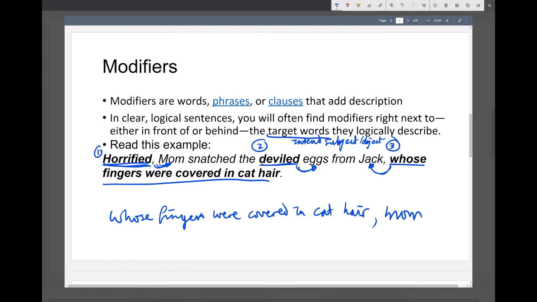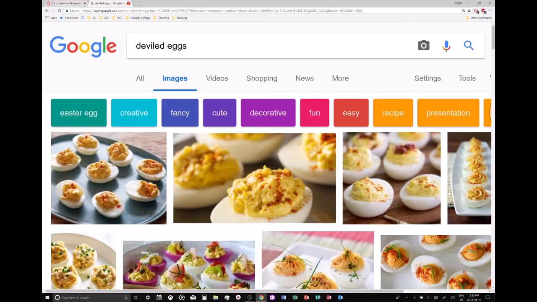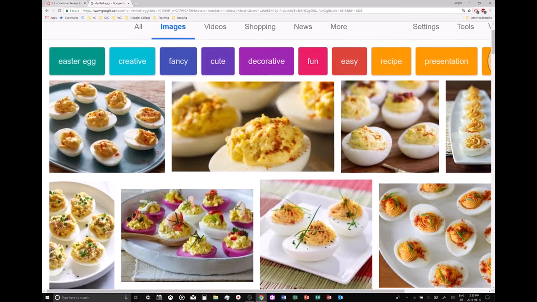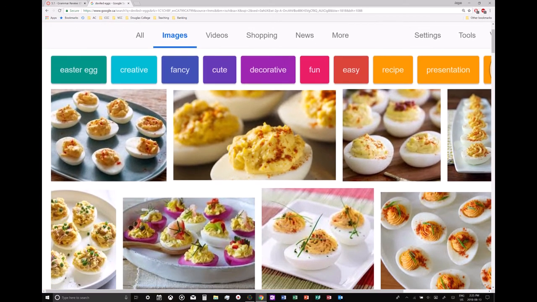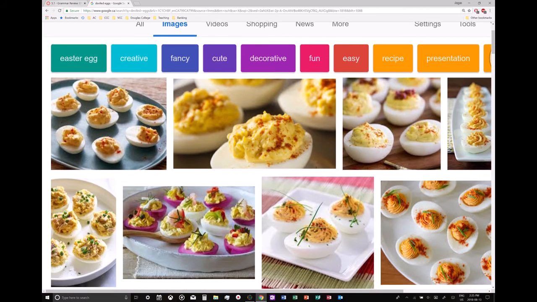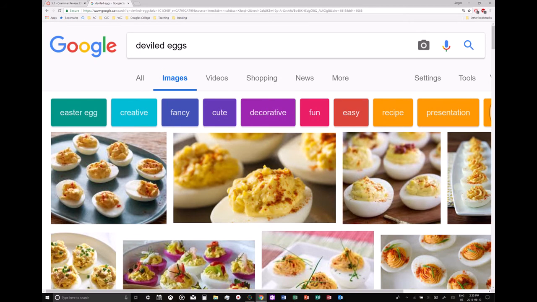So if you misplace the modifiers, obviously you're going to have a totally different meaning in the sentence. But sometimes it's not as obvious as that. Oh, and just in case you're wondering, deviled eggs look like this. See? This egg's cut in half, and then you have more eggs on top of it. The yellow that's mashed eggs. It's actually tasty, very tasty.